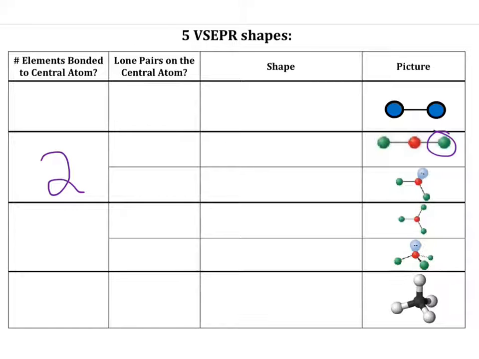You can see that this has 2 elements bonded to the central atom. This one has 2 elements bonded to the central atom. And all you need to do is answer this question. Does it have lone pairs? If no, then it's going to make this shape right here. Now, this shape happens to be called linear because look, it makes a straight line.